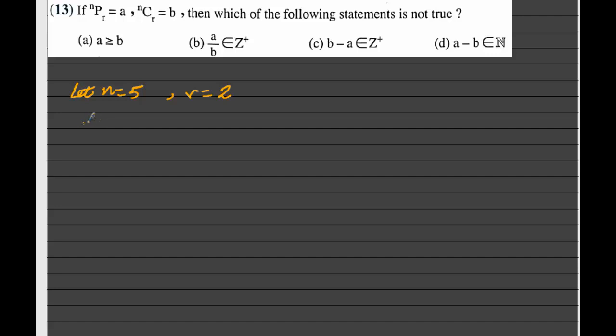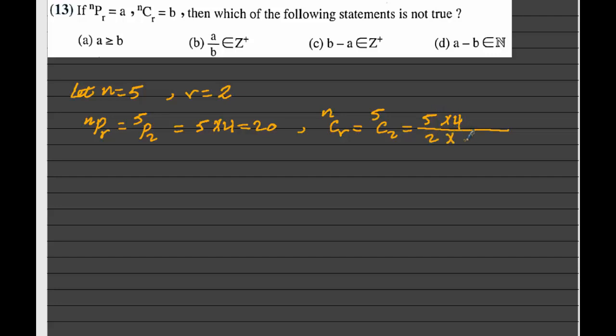So NPR equals 5P2, which equals 5 multiply 4, which equals 20. And NCR will be 5C2, which equals 5 multiply 4 over 2 multiply 1.